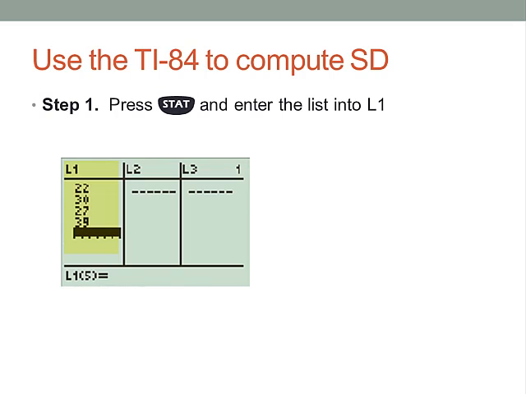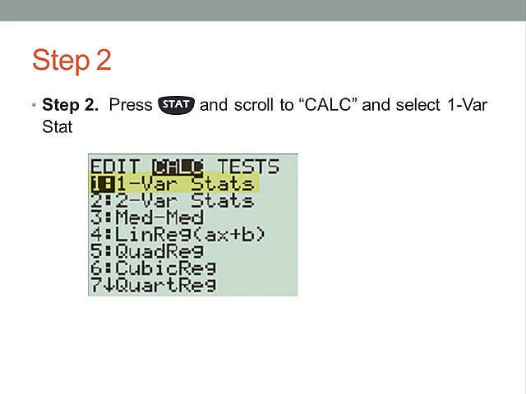So step one, you press stat and you enter the list into L1. You basically do the same thing we did when we computed the mean and median. Remember how to do that? Press stat, enter the data into L1, press stat again, and scroll over to calc and select 1-Var Stats.